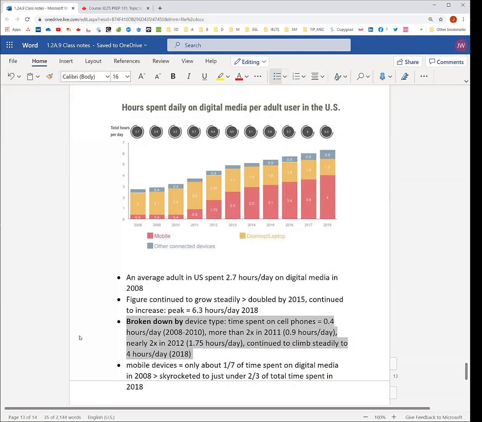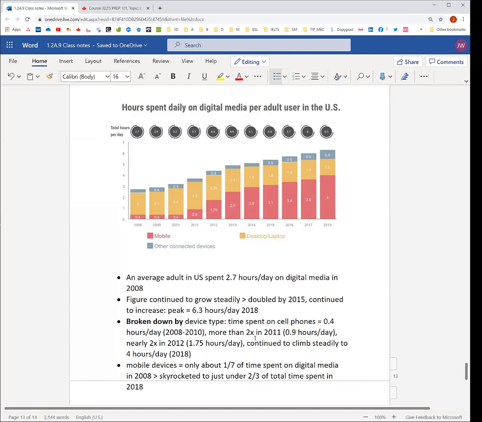So I have to leave it broken down by the device type. The time spent on cell phones was 0.4 hours per day from 2008 to 2010, and then the number doubled, or increased by 2 times, in 2011.